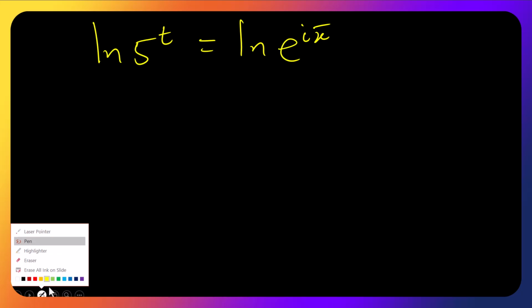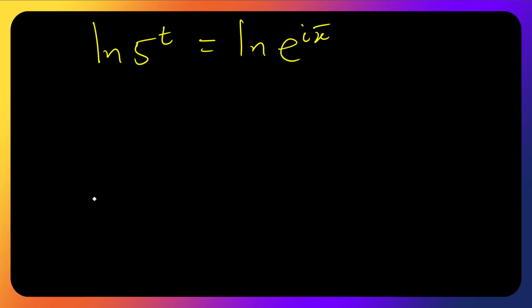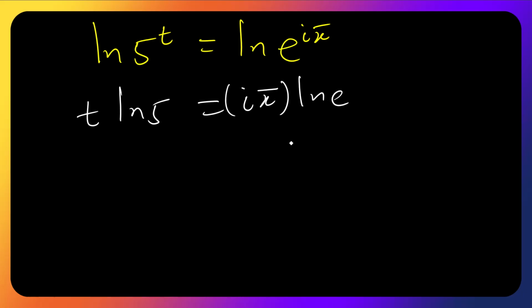Now from here, this one is a power, this one is a power. And don't forget we have the t. So we have t ln of 5 equals i pi ln of e. So t ln of 5 equals i pi.